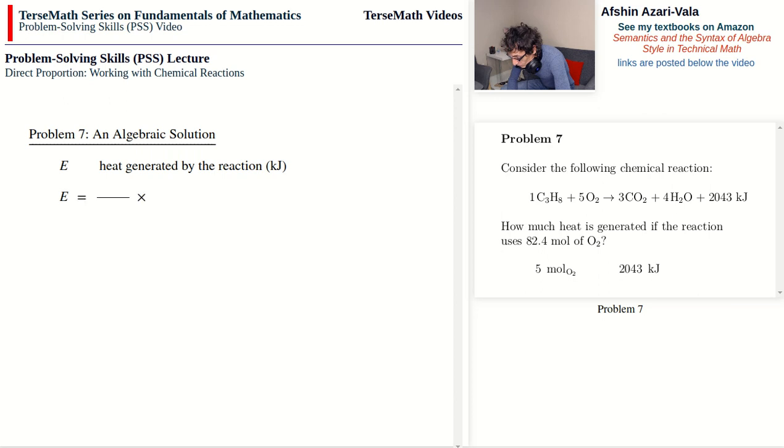There will be only one division, and we start with the quantity that we want to work out, 82.4 moles of O2 on the right hand, and then we relate moles of O2 now to kilojoules using the values in the chemical reaction. Matching the units, moles of O2 goes down and kilojoules goes on top. So 5 moles of O2 and then 2043 kilojoules. This gives us 33,670 kilojoules of heat.